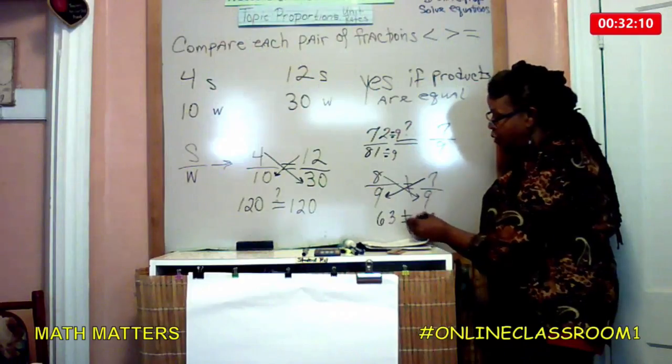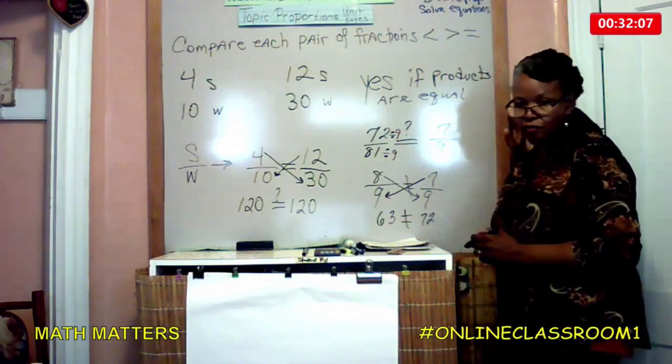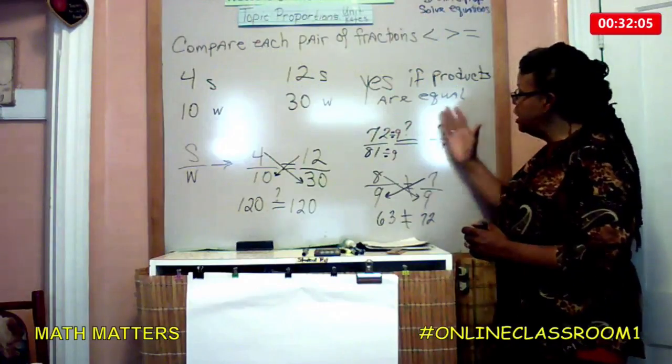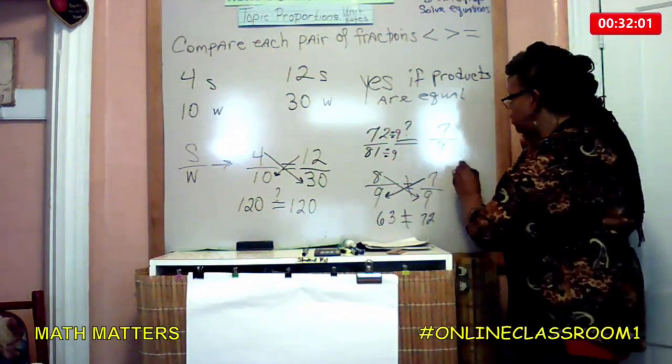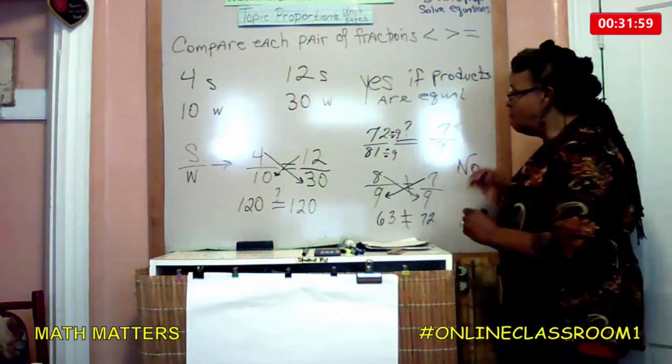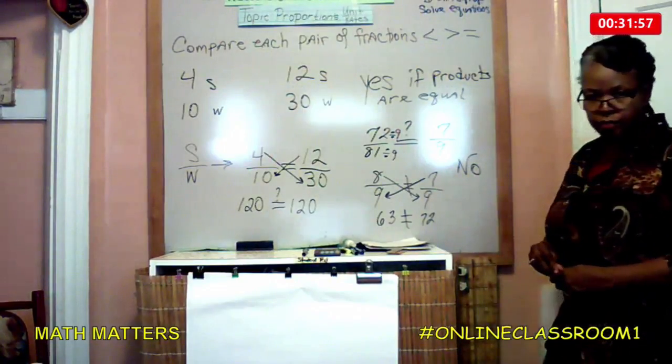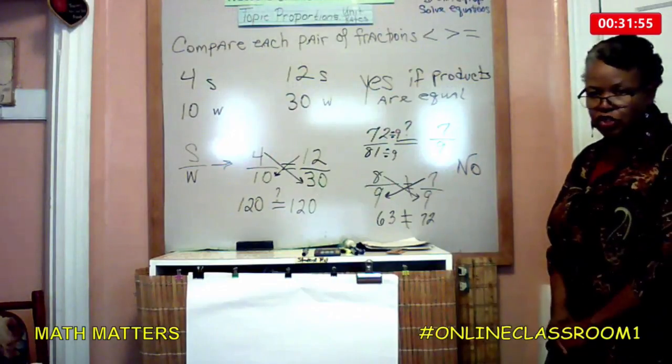So they do not equal. So we do not have a proportion in this example. So the answer here is no. It's a big no. Give you a moment to digest that.